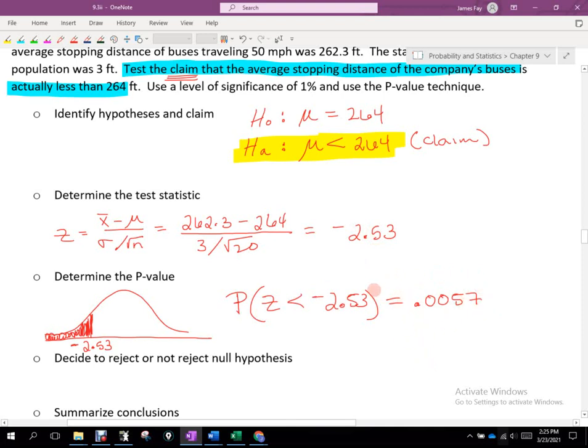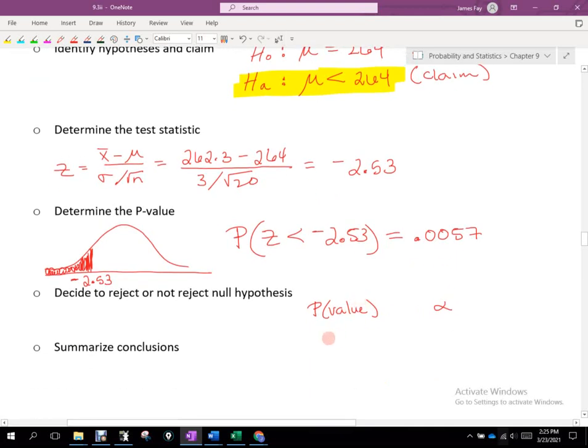Okay? Now, our alpha in this case, it says decide to reject or not reject the null hypothesis. What we're going to do is take our p-value and compare it to our alpha. So our alpha is 1%. Okay, so our p-value is 0.0057 and our alpha is 0.01.